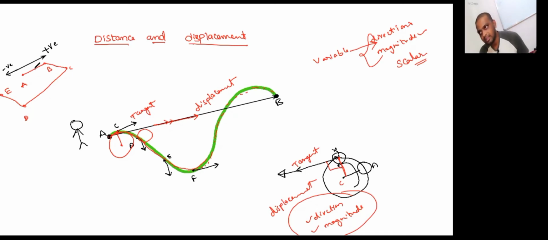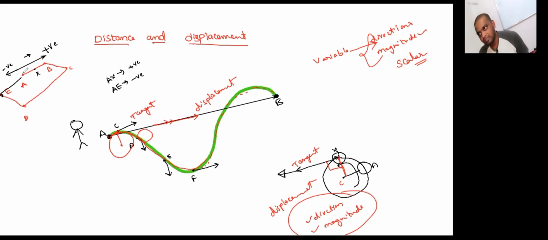Now let us say the person moved towards the point X and halted. Now the displacement AX will be in the same direction as the person is moving, so it will be positive. But if he covered up to the point E, AE will be in the opposite direction. So in this situation, the displacement of the person is negative.